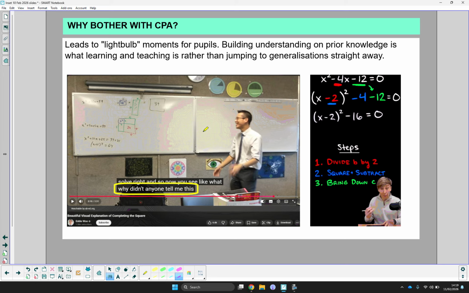He shows them why we call it completing the square. And if you look here, there's a little blue square and some green rectangles. He's using a pictorial representation to literally complete a square. And there's a section in the middle. So he says, why didn't anyone tell me this?